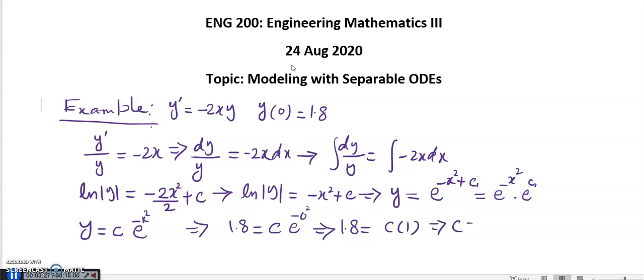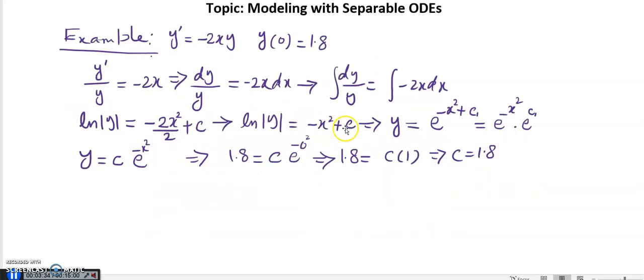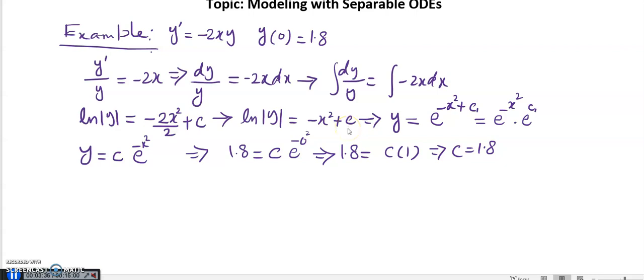This means the value of c is 1.8. So the particular solution for this initial value problem is y equals 1.8 e power minus x square.